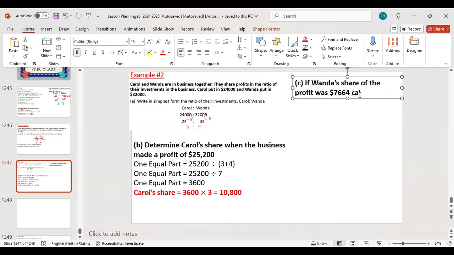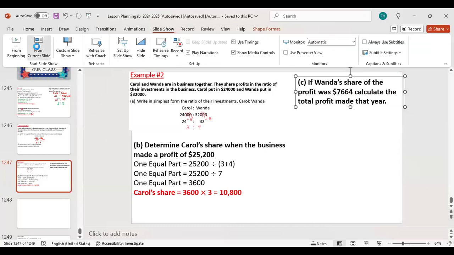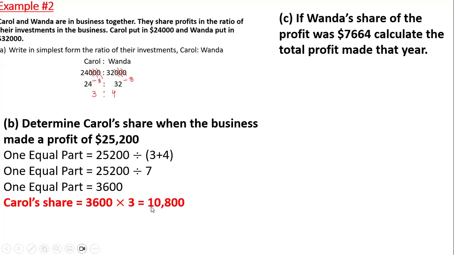This is a good challenge question. I want y'all to try this. Calculate the total profit made that year. If Wanda's share of the profit was 7,664, calculate the total profit made that year. What y'all gonna say for that one? Anyone? Any ideas?